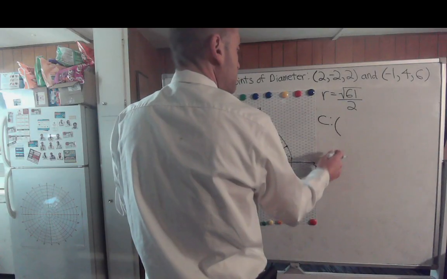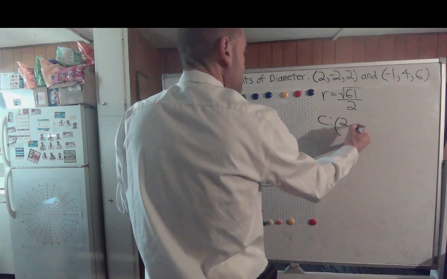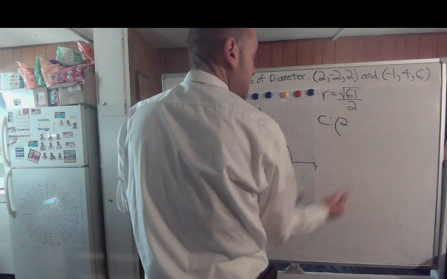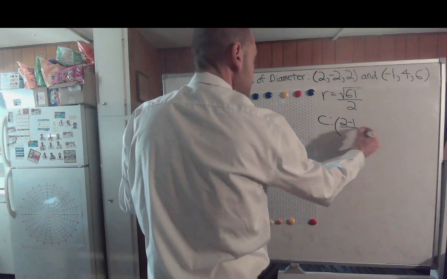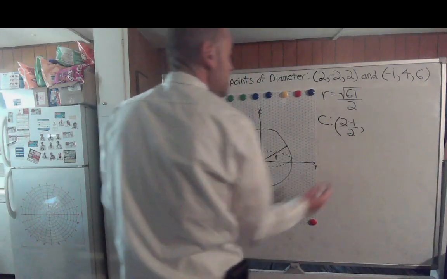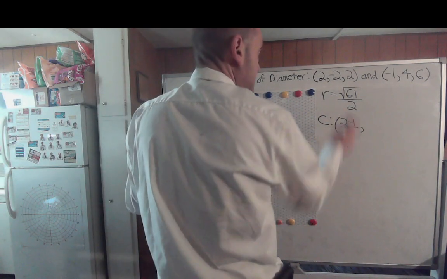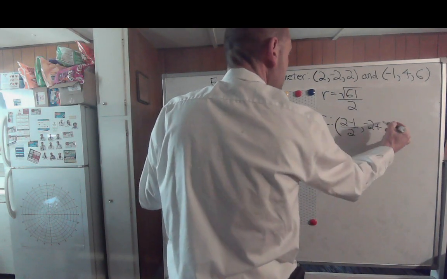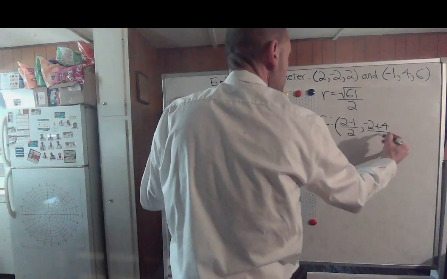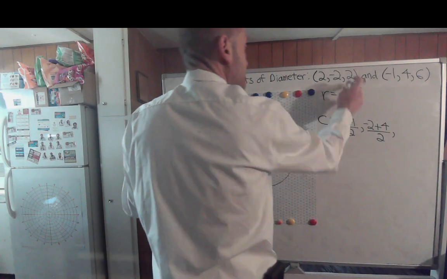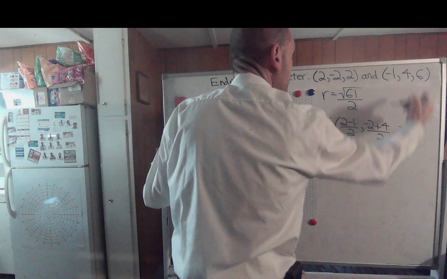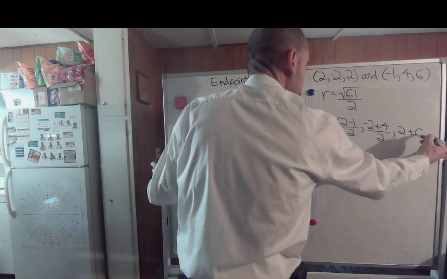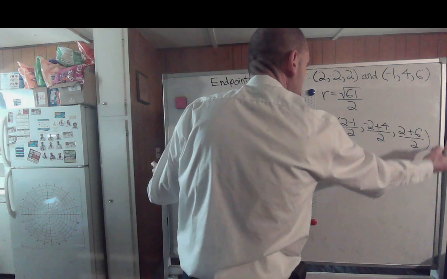So x sub 1 is 2, plus our x sub 2 is -1, so you'll have 2 minus 1 over 2. And then you have y sub 1, which is -2, plus your y sub 2, which is 4, divided by 2. And then you'll have your z sub 1, which is 2, plus your z sub 2, which is 6, divided by 2.